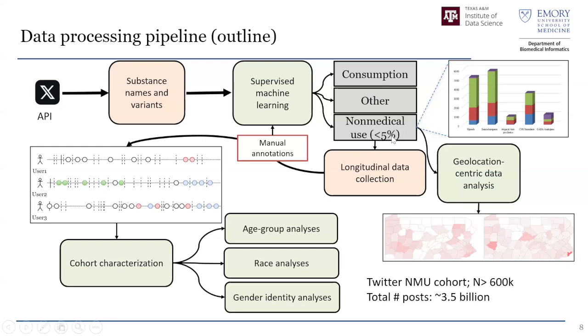Anyway, a tiny portion is non-medical use, but once we have detected that someone is engaged in non-medical use or someone self-reports non-medical use, and that data is public, we can use the API to collect that person's past data, anything that they've posted publicly in the past.